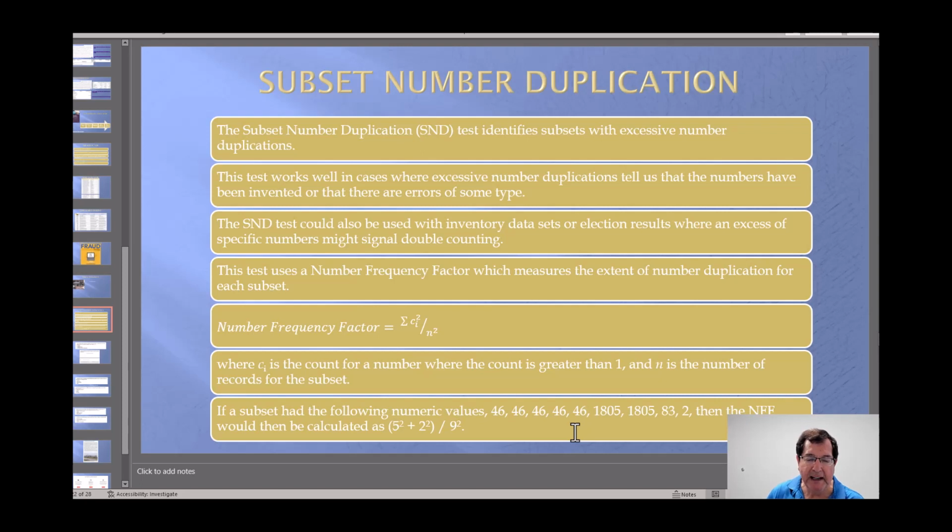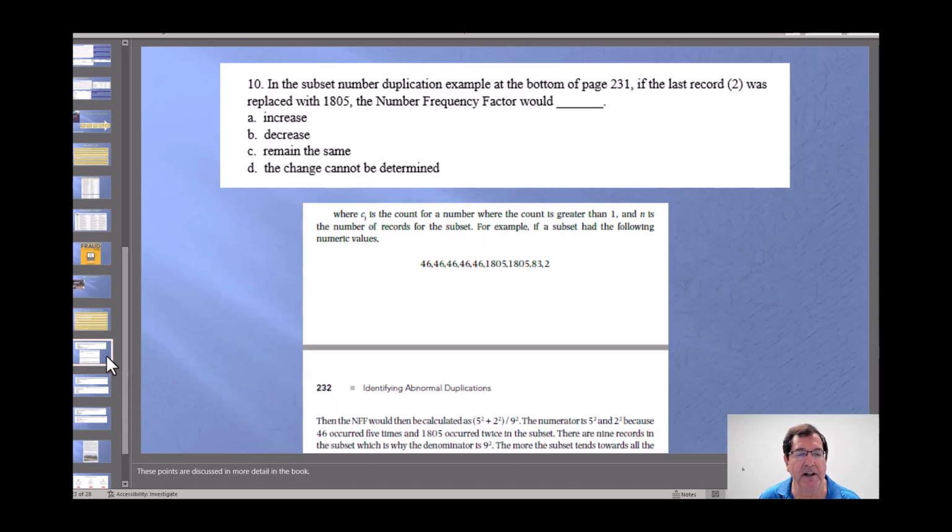The more duplication in this subset, the more that number is going to tend to 1. 1 means a massive amount of duplication. 0 means no duplication. And let's just test things a little bit here. Again, this is from the book. 46 five times, 2 1805s, an 83 and a 2.